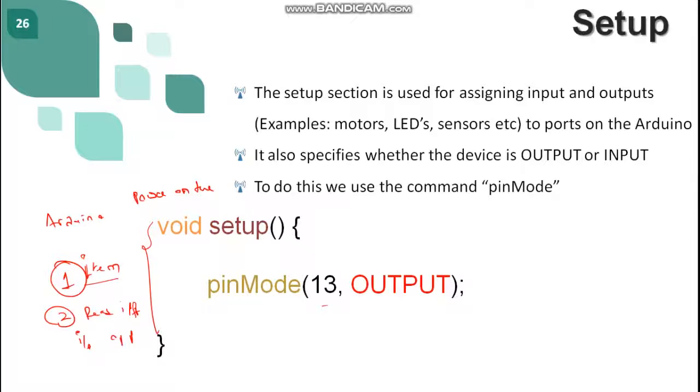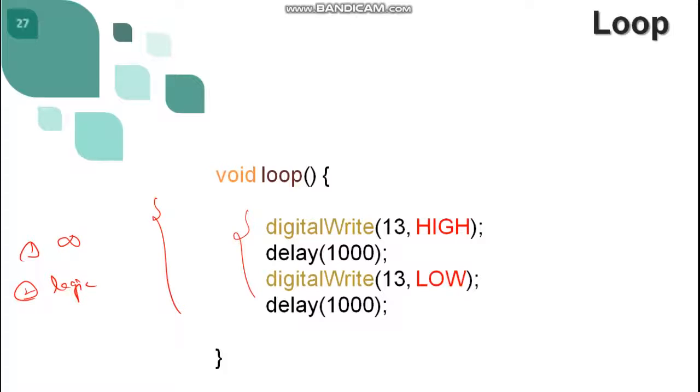Can you guess what is the purpose of this code? Here we are defining the 13th pin as output. Do you remember we have the onboard LED? We are defining it as output, and then digitalWrite 13 comma HIGH, digitalWrite 13 comma LOW, with delay 1000.